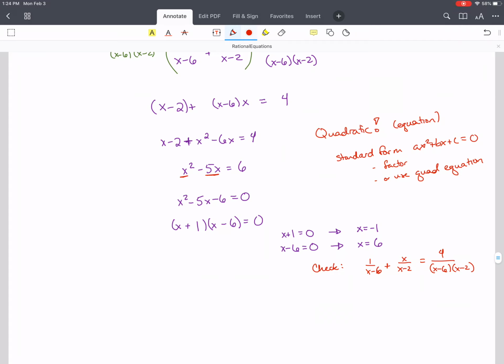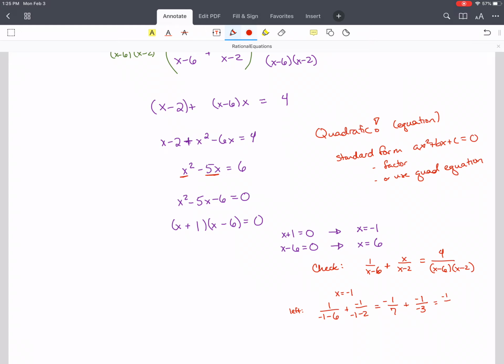So if I plug in x equals -1, then I get 1 over -1 minus 6 plus -1 over -1 minus 2 on the left side. So I get 1 over -7 plus -1 over -3.